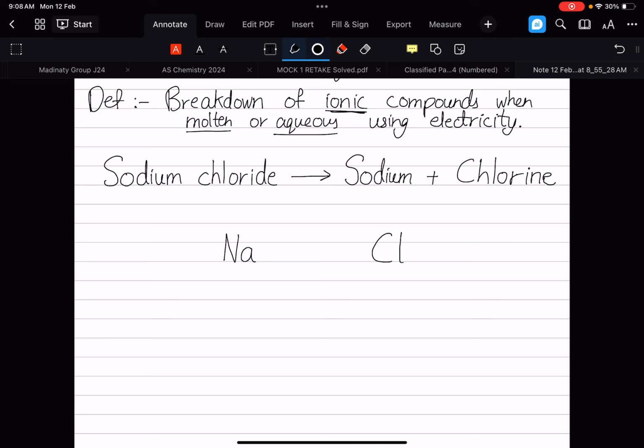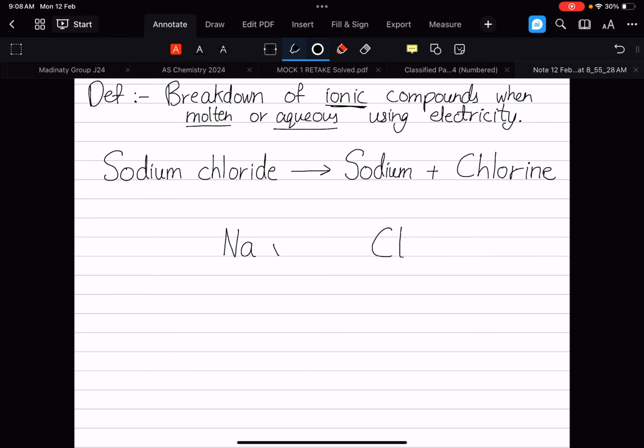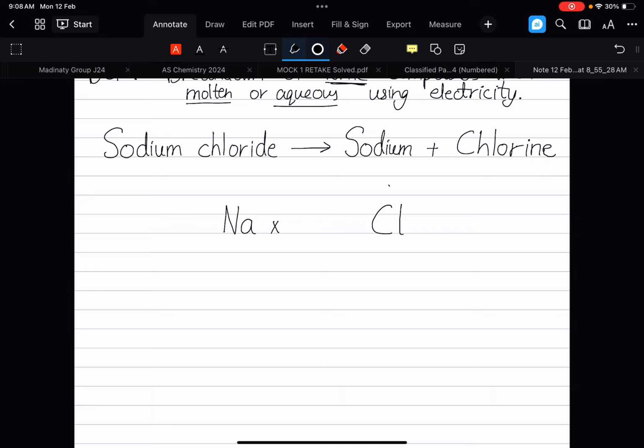We know that sodium is in group 1, which means that it has one electron in its outer shell, and we know that a chlorine atom is in group 7, which means that it has 7 electrons in the outer shell. And since the sodium atom has one electron in its outer shell, it loses its electron, giving it to the chlorine atom, which gains the electron.